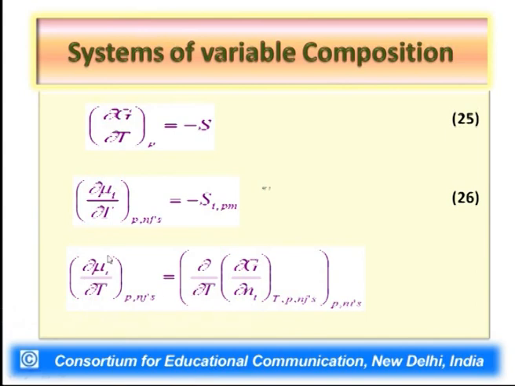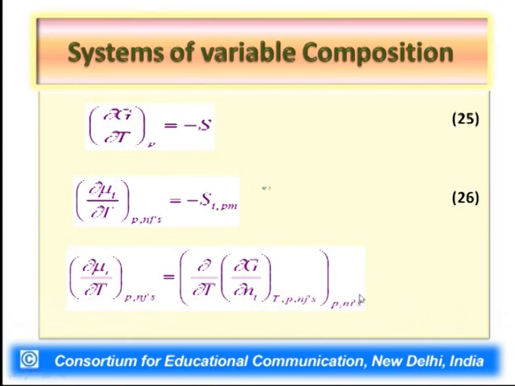If we substitute for mu I the expression of GIPM, the partial molar Gibbs free energy, we get del by del T of del G by del Ni at constant temperature, pressure and Nj, the number of moles of all other chemical constituents except component I. Now replace the brackets for the complete differential like the one on the left hand side, and keep pressure, Nj and Ni constant as is shown here.